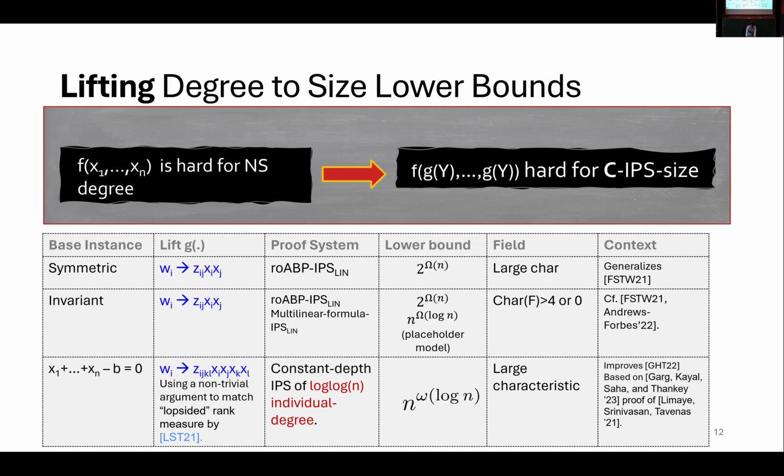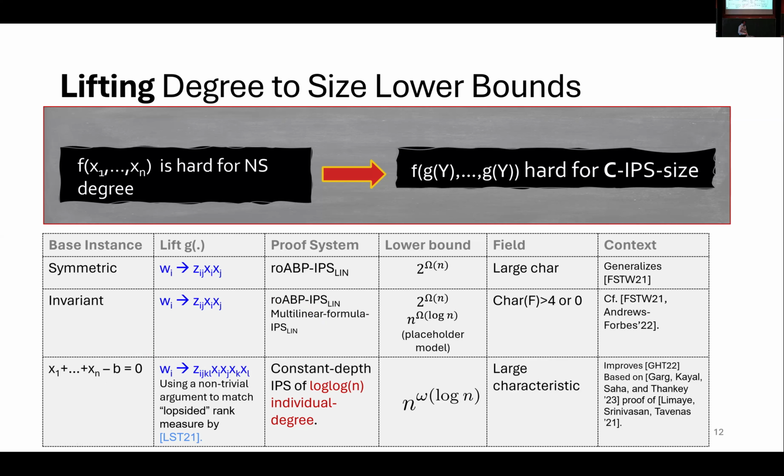Sure. So for the invariant, we do the same with the same lift. You get a read-once ABP lower bound, exponential, and also this matches the Ramamoorthy and Rao-Forbes lower bound of n to the log n in the placeholder model for multilinear formula IPS.